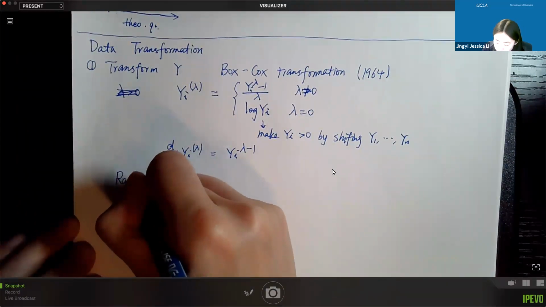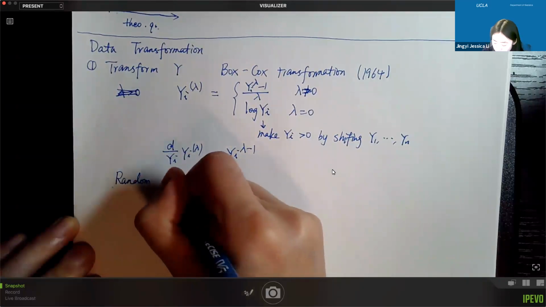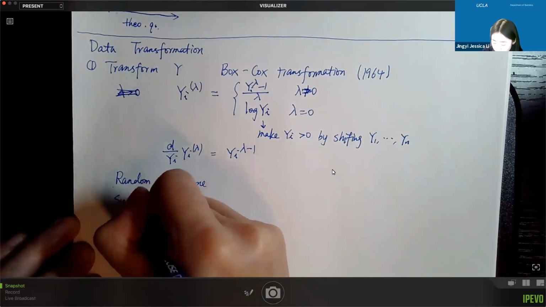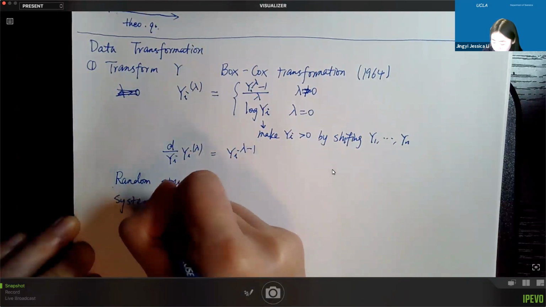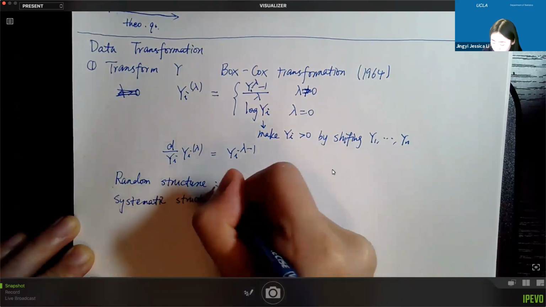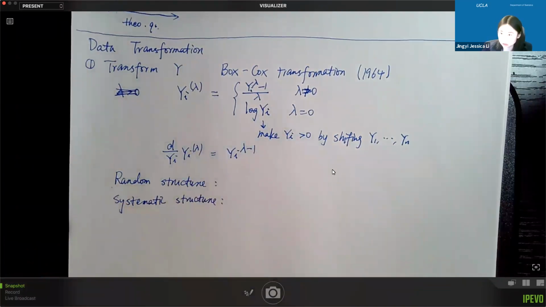As I said, we will always write down the random structure and the systematic structure of our linear model. We'll do the same thing for the generalized linear model and the multi-level linear model we'll talk about in the end. This is the habit I want everyone to accumulate, so that whenever I specify a model, I'm very clear what is random and what is systematic, fixed.